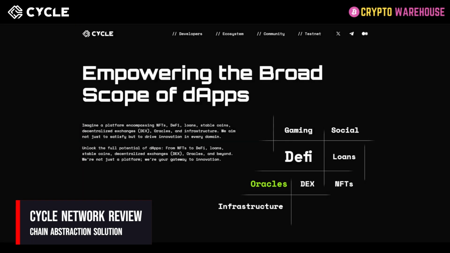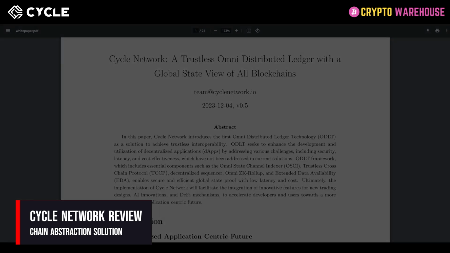And the end game for Cycle Network is to combine gaming, social, DeFi, loans, oracles, DEXs, NFTs across all the different chains in one easy to use package. That is their solution. Chain abstraction brings all the chains together into one easy to use application.